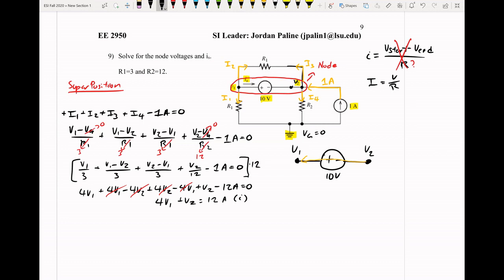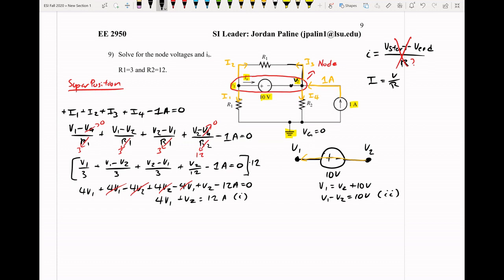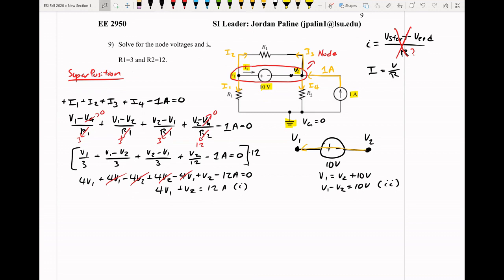So our equation says that V1 is equal to V2 plus 10 volts. You can also say V1 minus V2 is equal to 10 volts. This is our second equation. Then to solve it, we just need to solve the system of equations.